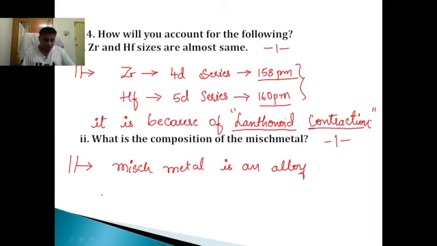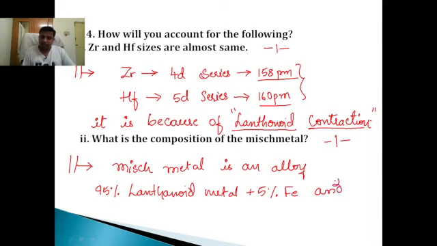Its composition is 95% lanthanoid metal, 5% iron, and traces of sulfur, carbon, calcium and aluminium.